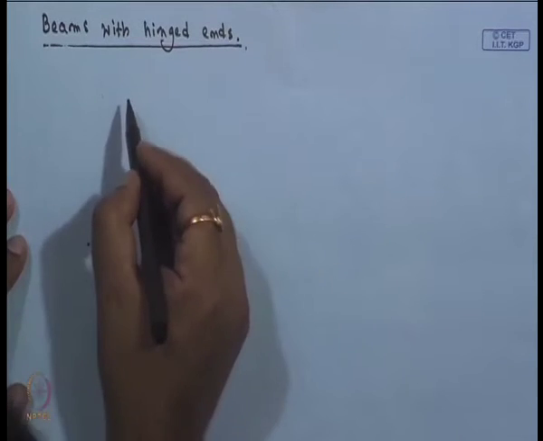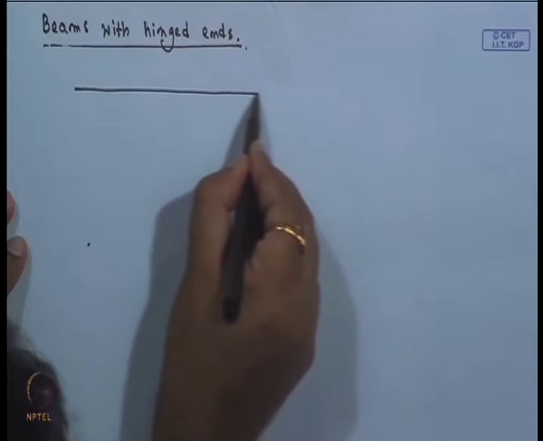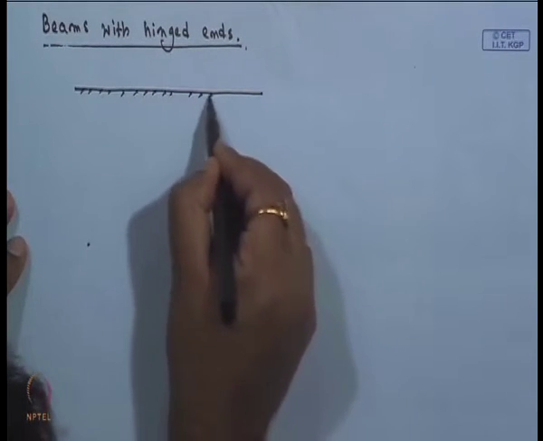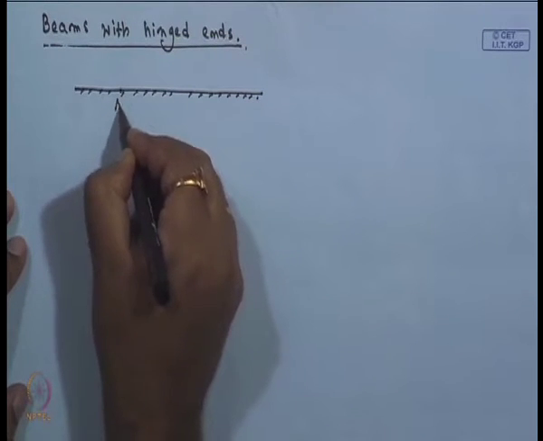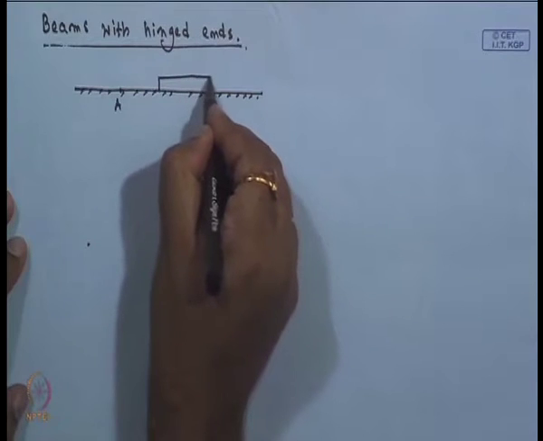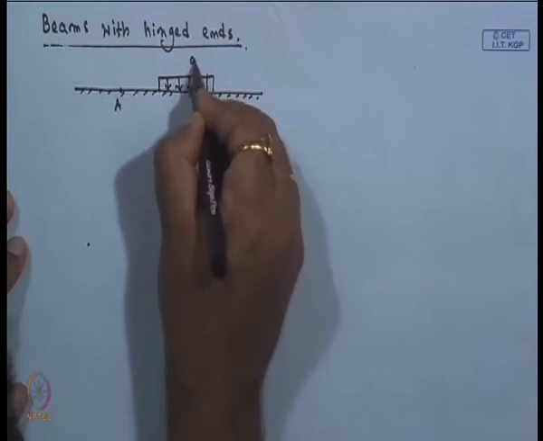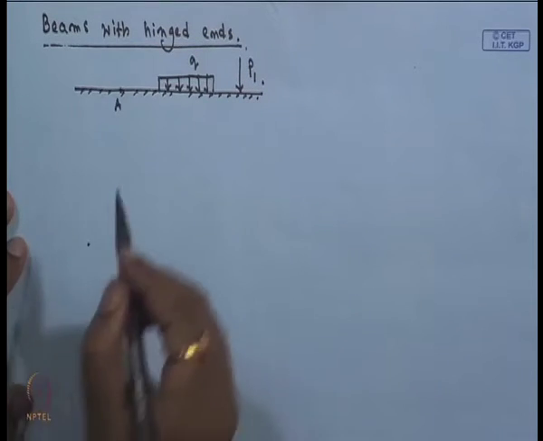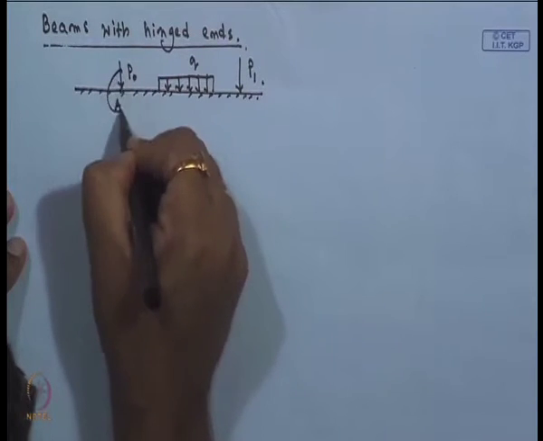First if I draw the infinite beam, suppose this is the infinite beam. This is point A, and we are applying this UDL Q or this concentrated load P 1, then we are applying this P 0 and M 0.